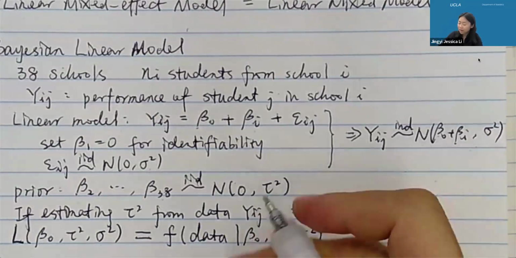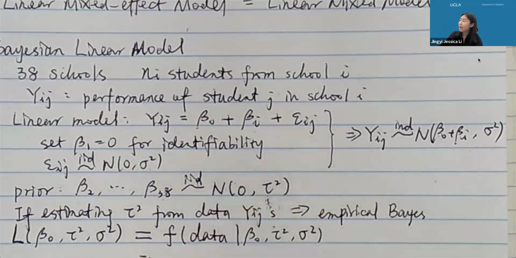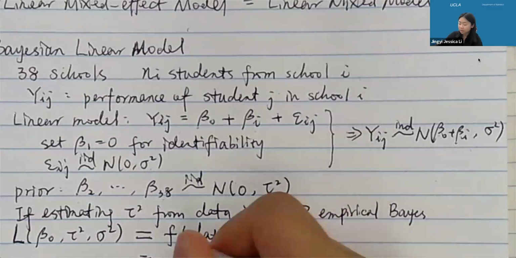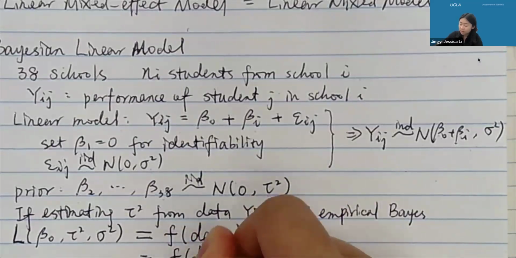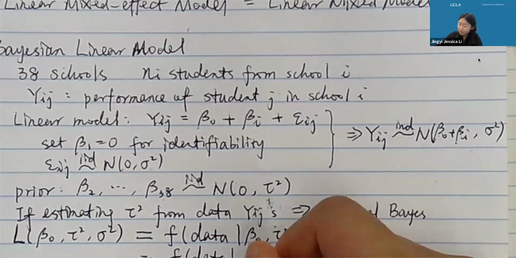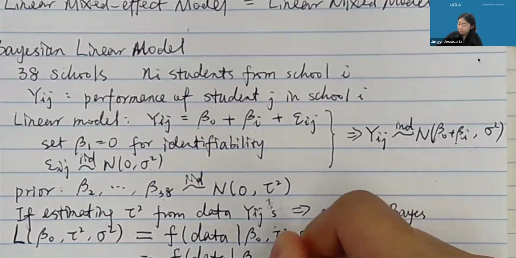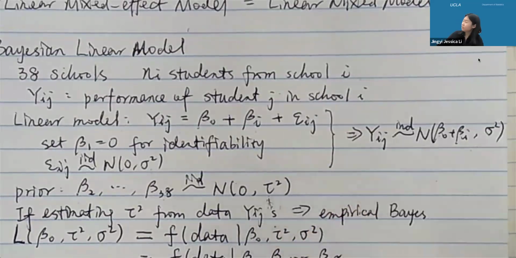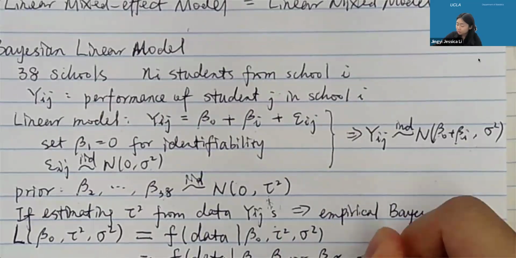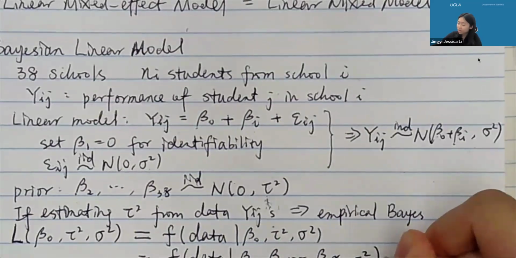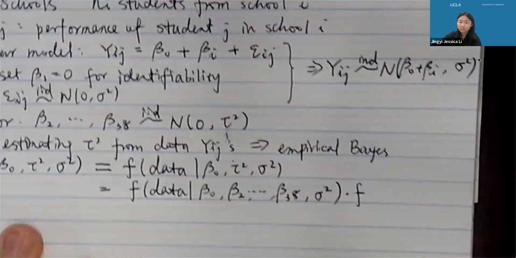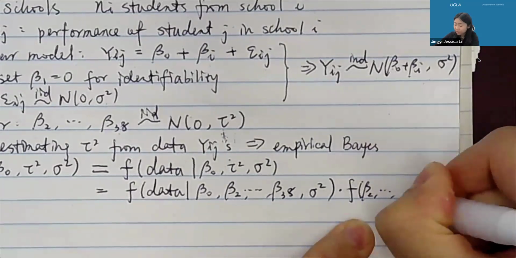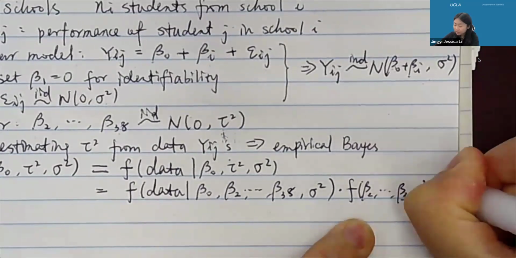So we can write out this density by conditioning, as a conditional density multiplied by a marginal density. What we can do is write the density of the data given beta 0, beta 2 to beta 38, and sigma squared, multiplying the density of those beta 2 to beta 38 given tau square.